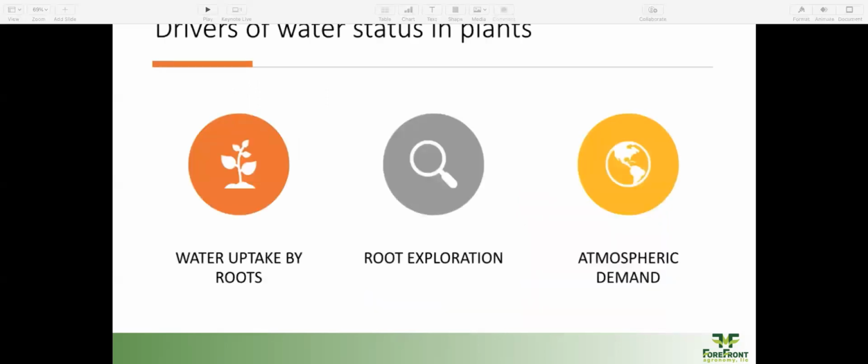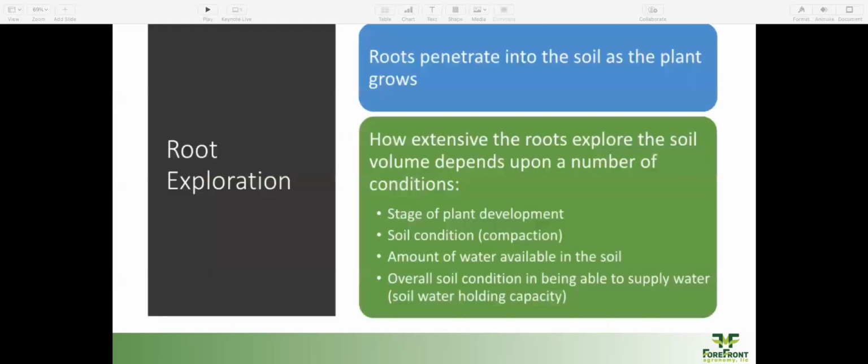So there are drivers of water status in plants, and the first one, and probably the most important, is uptake by the roots. That happens through root exploration and is regulated by the atmospheric demand on that plant.